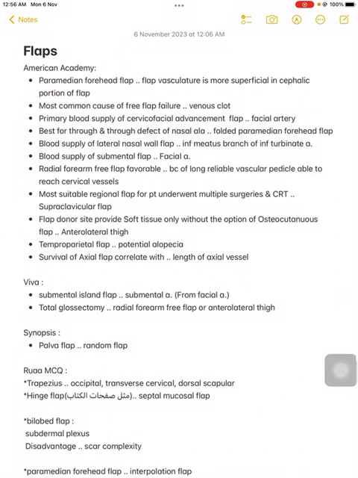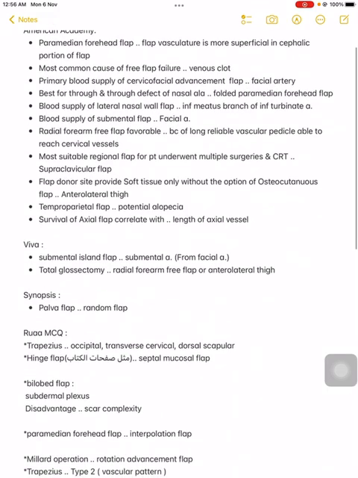Regarding submental island flap, as we said, its blood supply is from the facial artery, specifically the submental branch of the facial artery. Memorize this: submental island flap, submental branch of facial artery. It's easy to memorize. Regarding total glossectomy, we either use the radial forearm free flap or anterolateral thigh. I have some points to mention about total glossectomy.